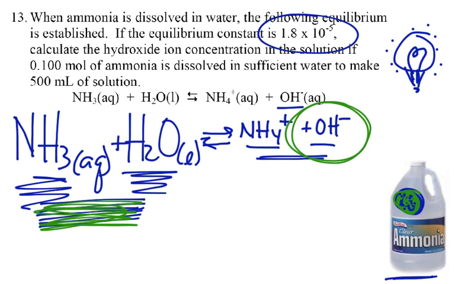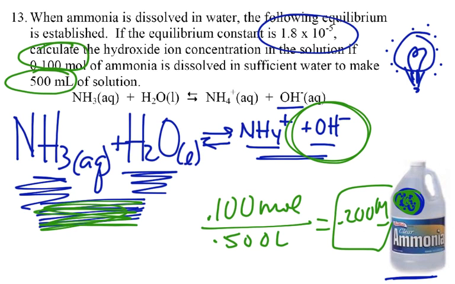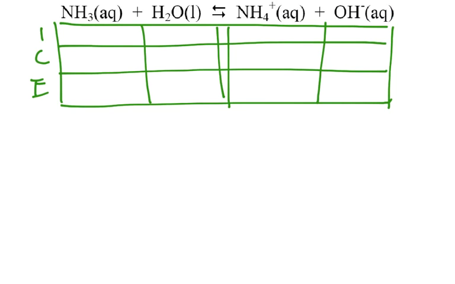We have 0.1 mole of ammonia in 500 milliliters of solution. So we have 0.100 moles of ammonia in 0.500 liters. So we can see that that is going to be a 0.2 molar solution of ammonia.